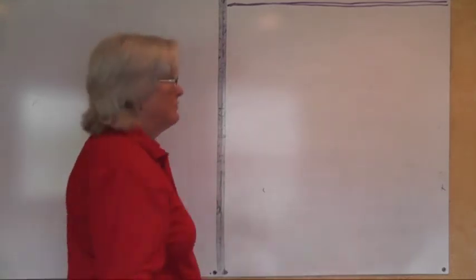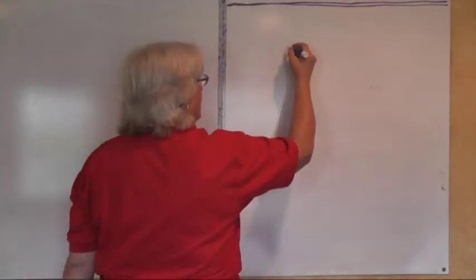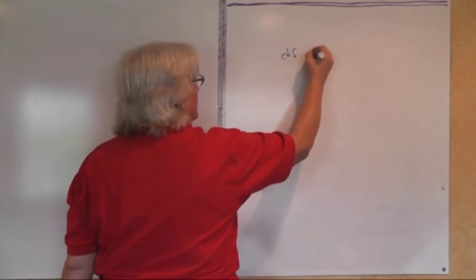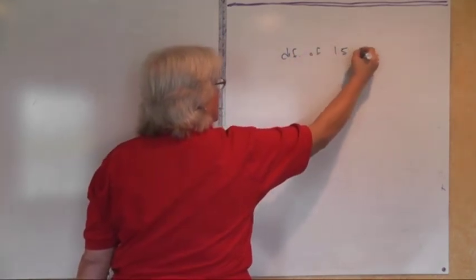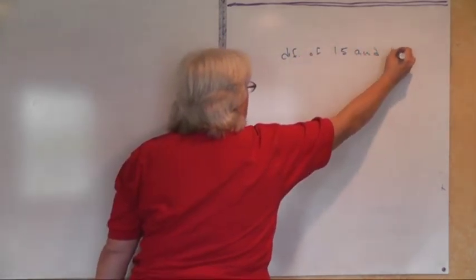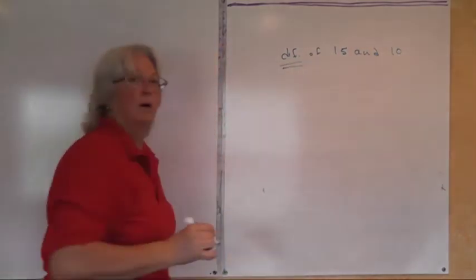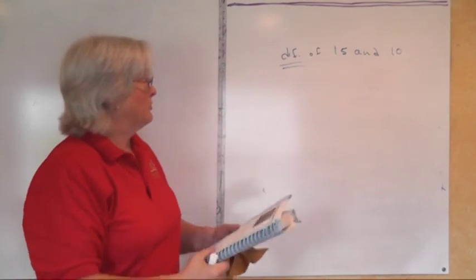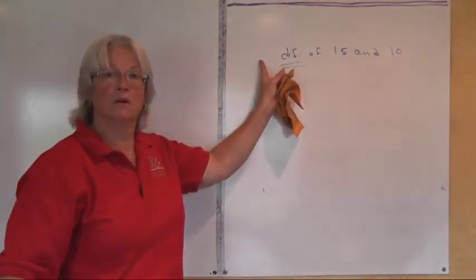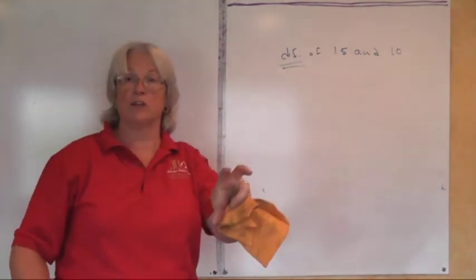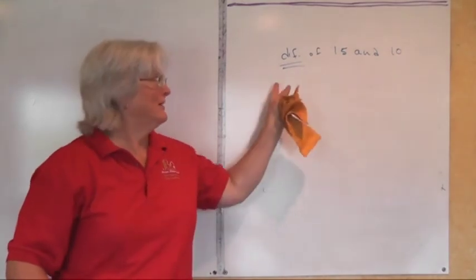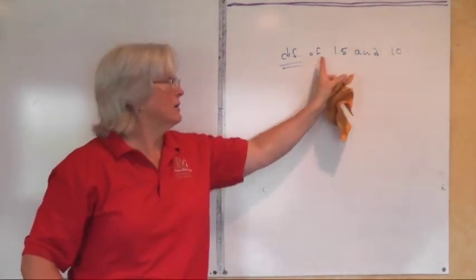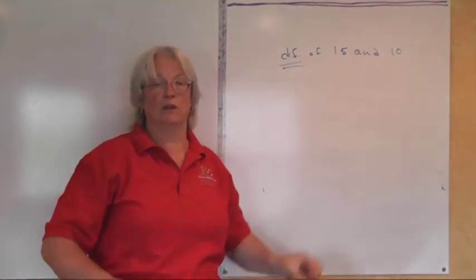It's the difference of 15 and 10. What's the key word in that problem? Well, obviously we have to use the 15 and the 10, but they're talking about difference. What operation does difference belong to? Well, yeah, it's subtracting.